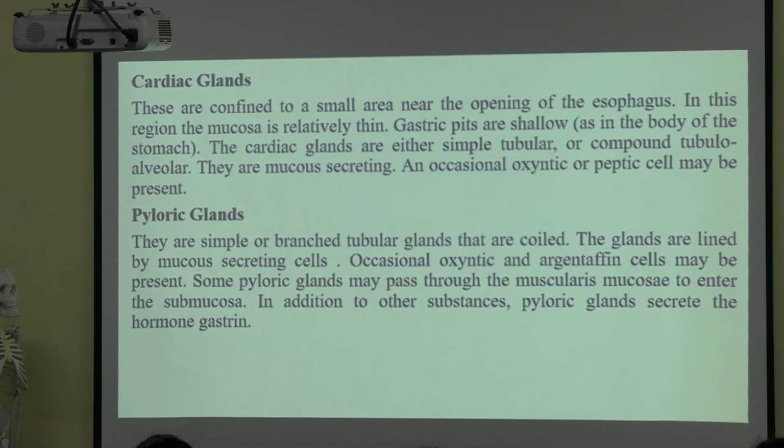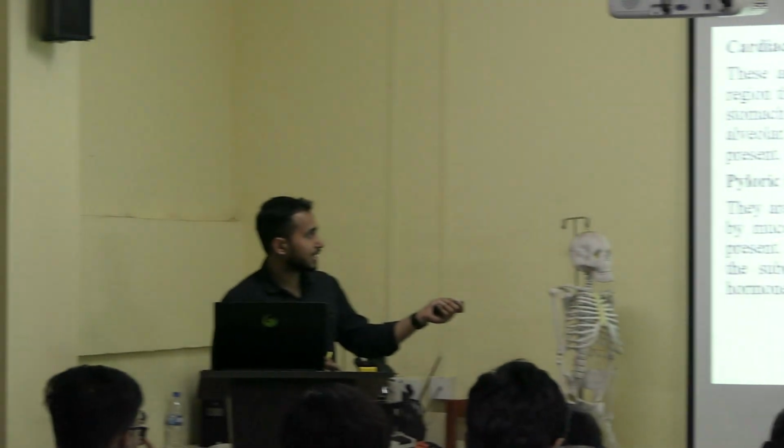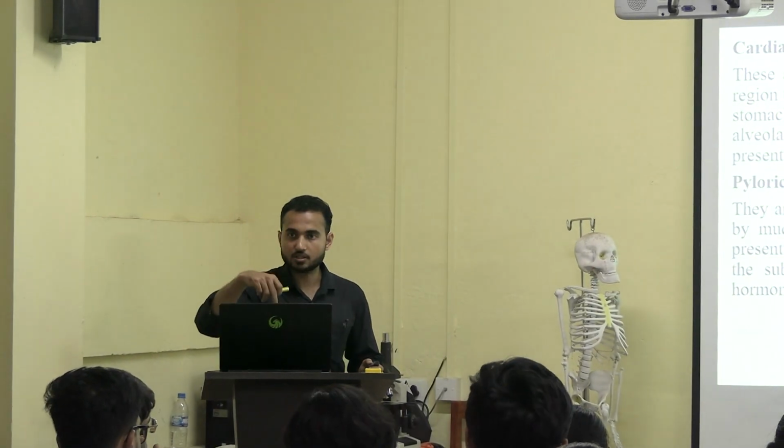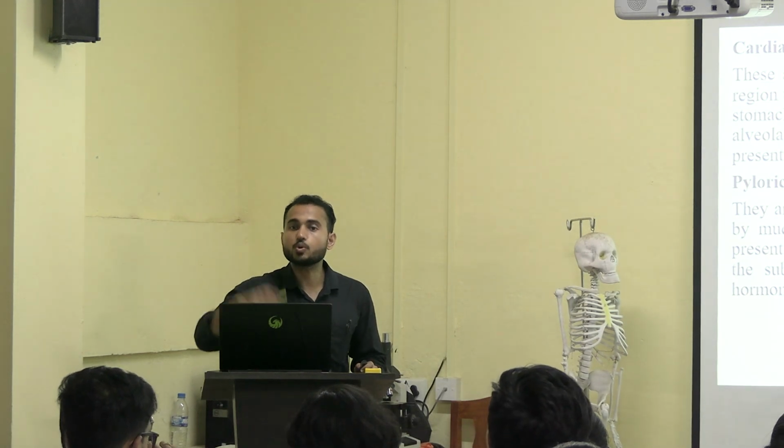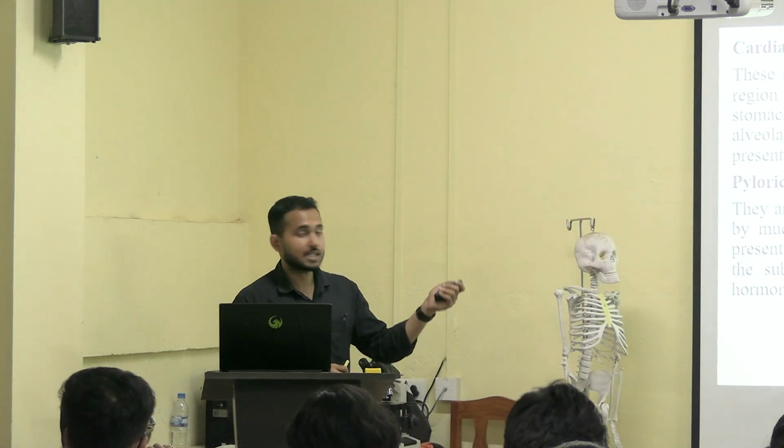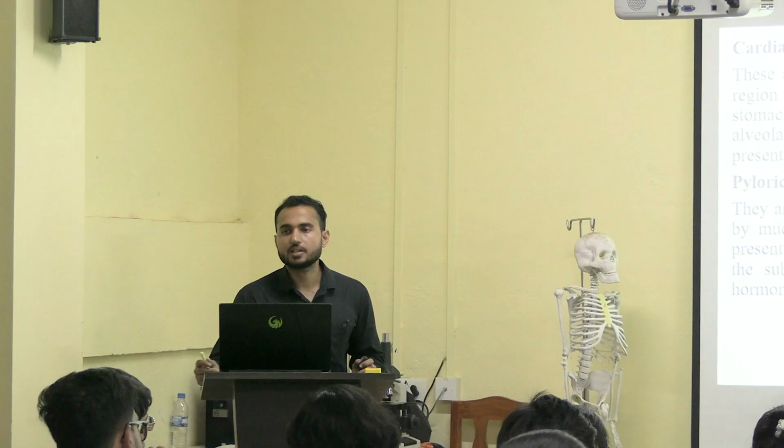So at the cardiac end, and at the pyloric part, gastric pits will be there, but there is a difference between them. At the cardiac end the gastric pits are very shallow, that means the depression is not deep. But in the pyloric part the depression is more deep as compared to the cardiac one. So from there also it can be differentiated.